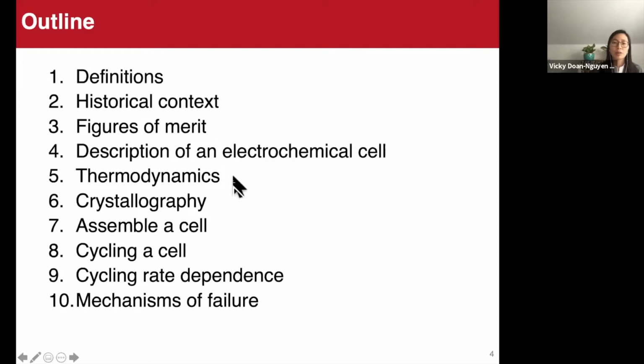We'll discuss how thermodynamics and crystallography predict the electrochemical performance of a cell based on the materials that you choose. Talk about the assembly of the cell, cycling of the cell, and other parameters that affect how an electrochemical cell behaves, such as the cycling rate, and then other mechanisms of failure.